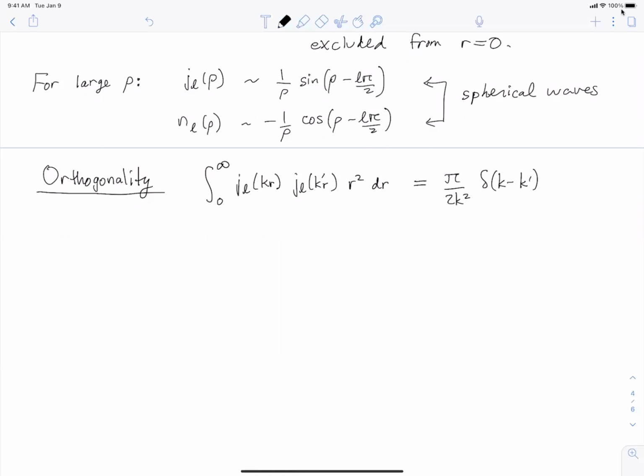So that says you get 0 unless k equals k prime, and then you get this quantity on the right side.